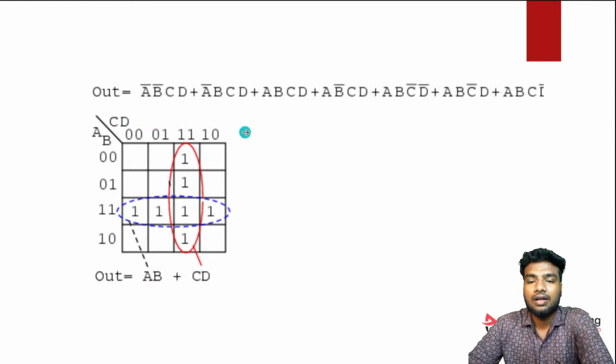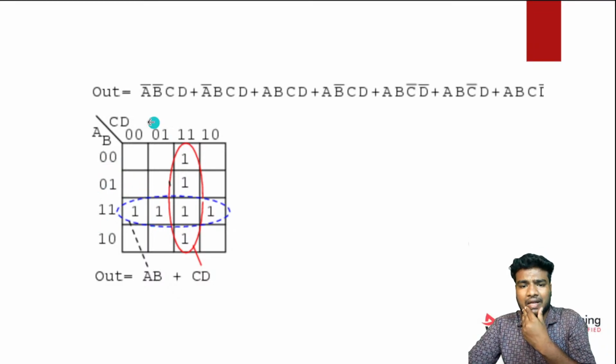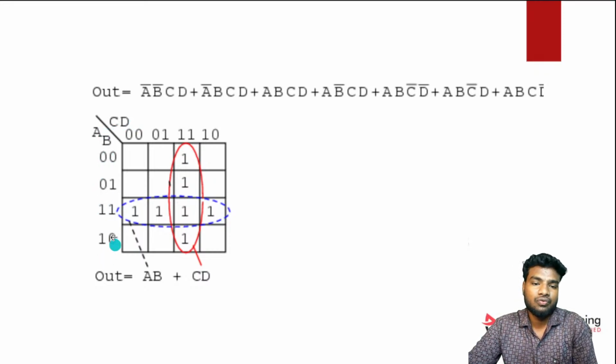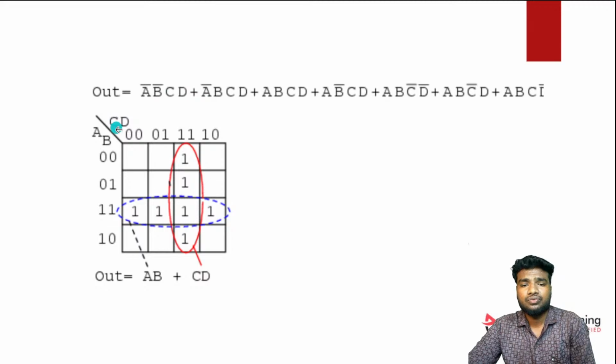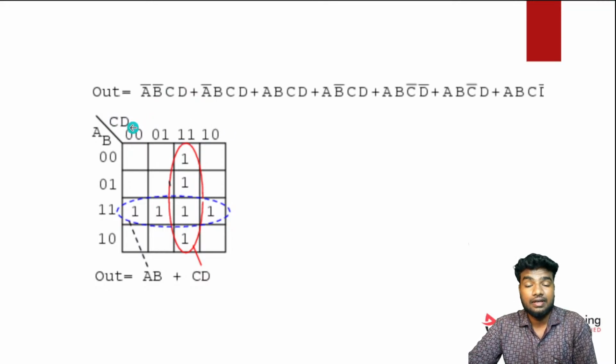Regularly we follow 0 0, 0 1, 1 0, 1 1, but if you are doing K-mapping, just follow these rules: 0 0, 0 1, 1 1, 1 0. Same for cd also. This is the input for a and b. These are the inputs for c and d.